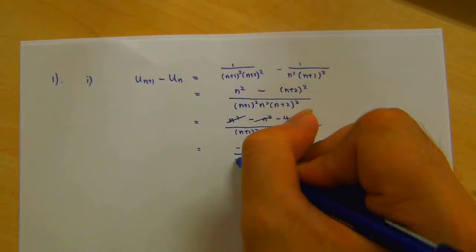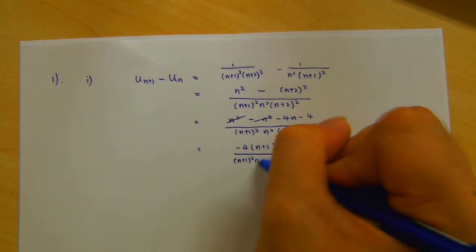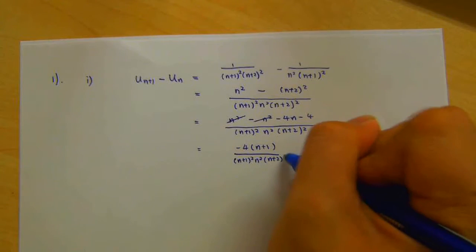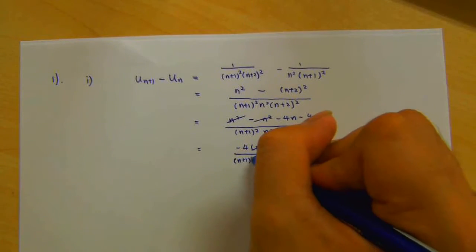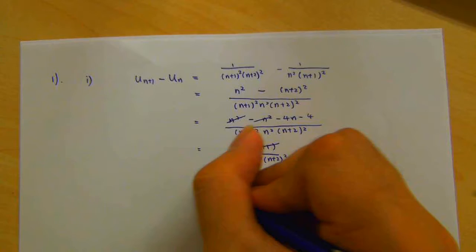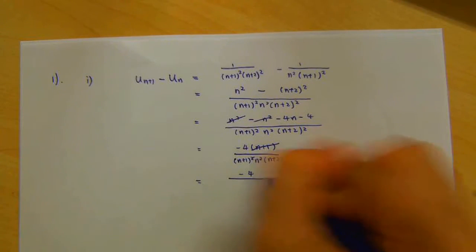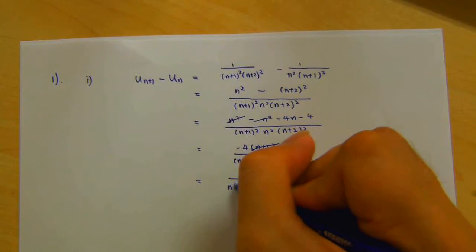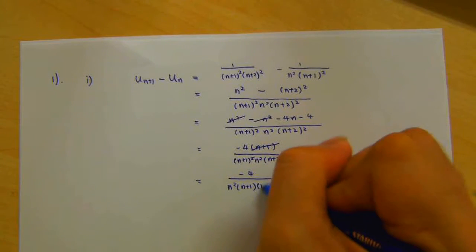By factorizing out minus 4, we are left with n plus 1 in the numerator, which can be cancelled off with one of those in the denominator. And this gives us the expression that we need.